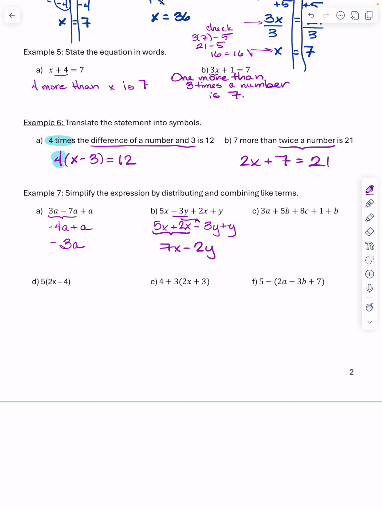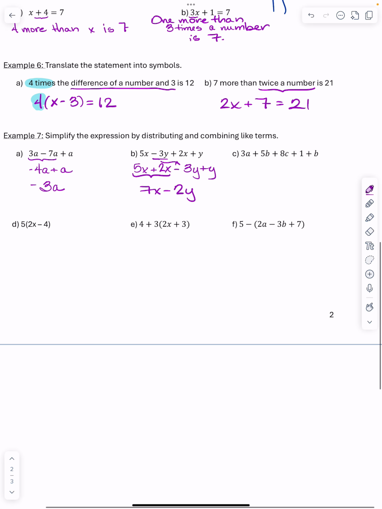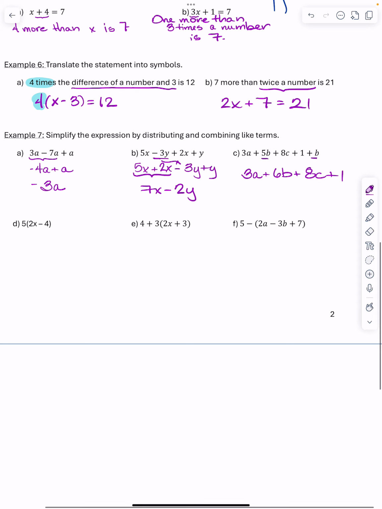I cannot combine the x's and the y's because those represent something different. We don't always have to do that. You can. Sometimes we can just pay attention to what we're adding. A lot of times when we work with variables, we do want to list them in alphabetical order. It just makes it easy to compare if we're comparing to somebody else.